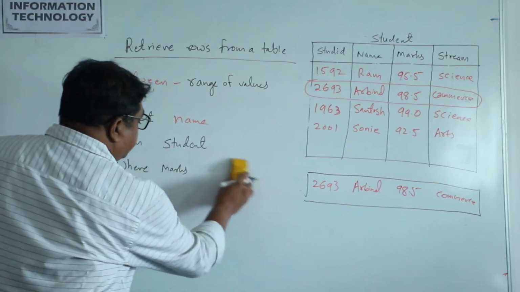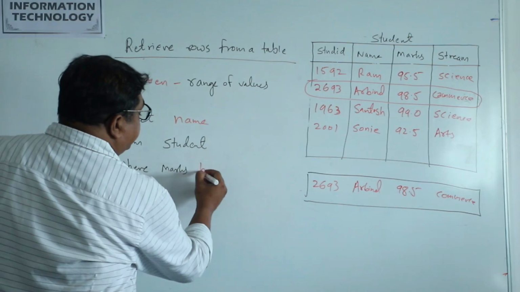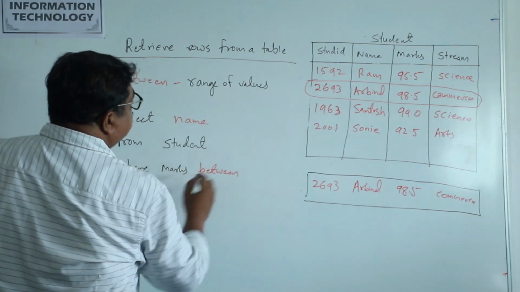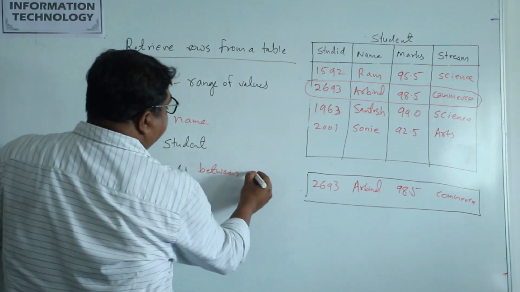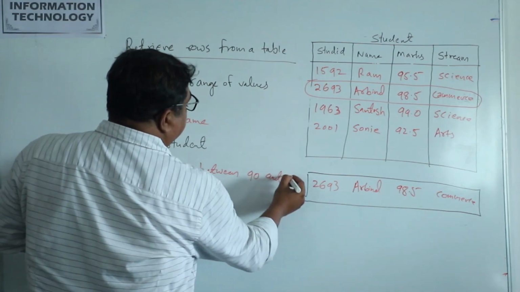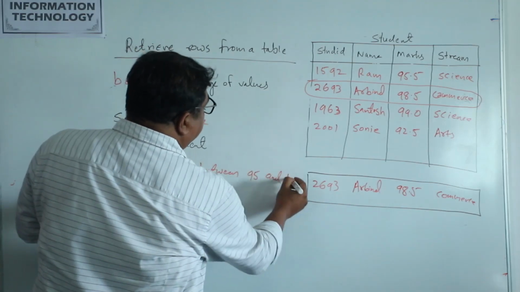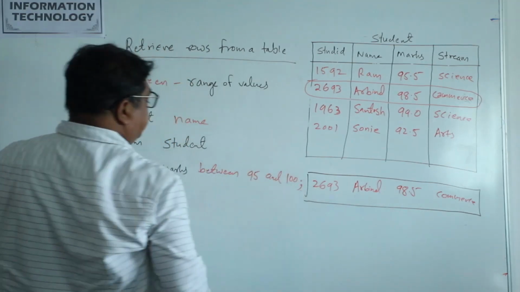So where marks between 95 and 100, and it ends with a semicolon.